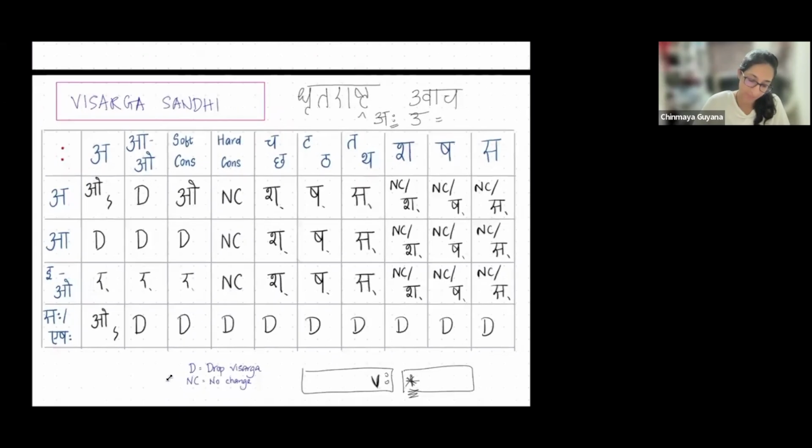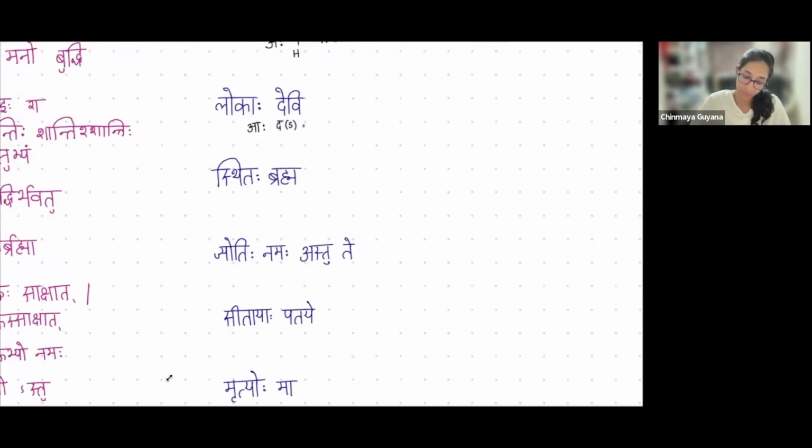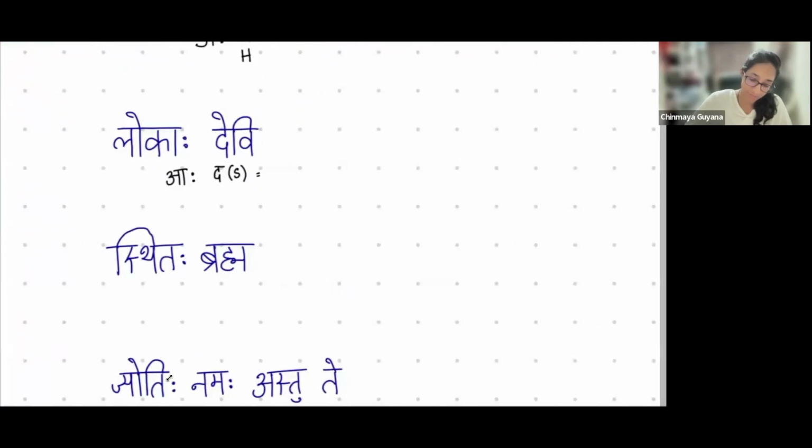What does your table say? Dropped. And see, because there's no dha over here, no exception for it, right? Visarga followed by dha is dropped. So it's going to become Loka Devi.